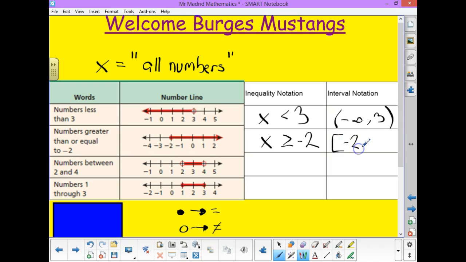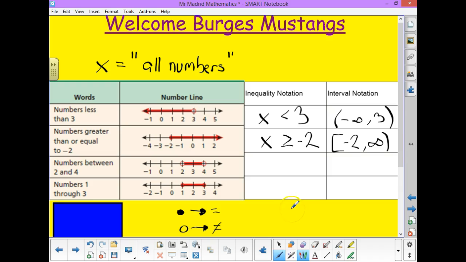We have negative 2, and going this way, we have infinity, because it goes this way forever. Now look at the difference between these two. The 3 here had a parenthesis because of the open circle. Here we have a bracket because of the closed circle.